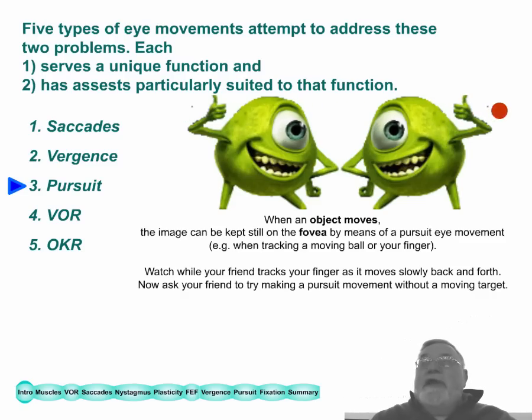Now I want you to try the same thing with a friend, okay? First, have him follow your finger as it goes slowly. Don't make it go like this, because he won't be able to follow it, but slowly, back and forth. He or she will be able to follow the finger quite well. The eyes will be moving smoothly.